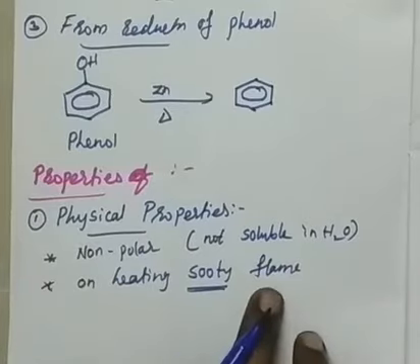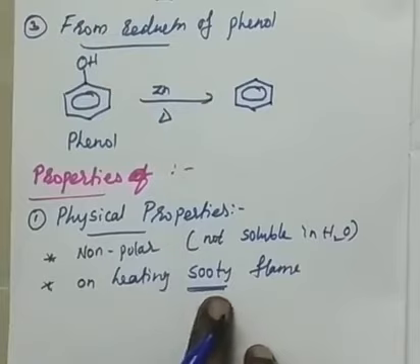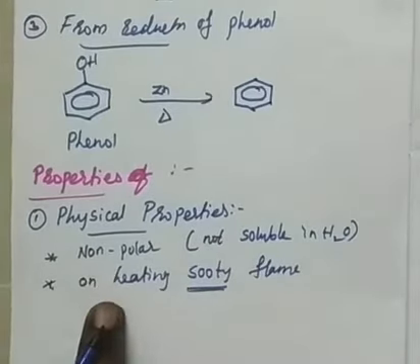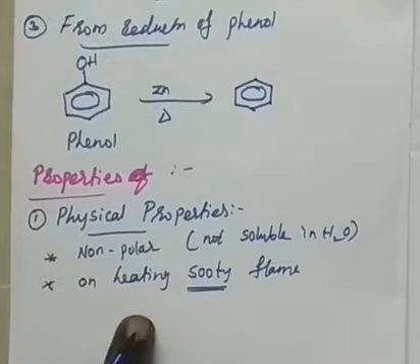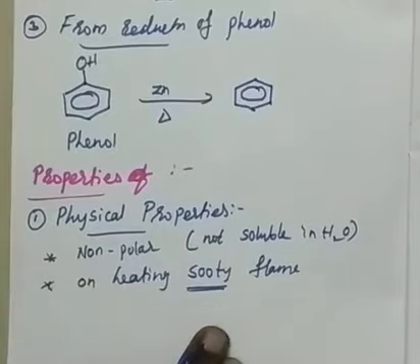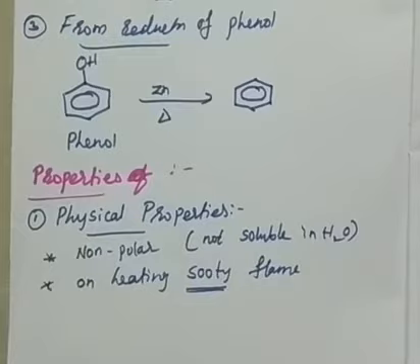Flame will be there anyway, but here smoke comes out. That happens because these aromatic hydrocarbons have a large number of carbons. If you see the molecular formula, C6H6, equal numbers of carbons and hydrogens, whereas alkanes have more hydrogens, right?